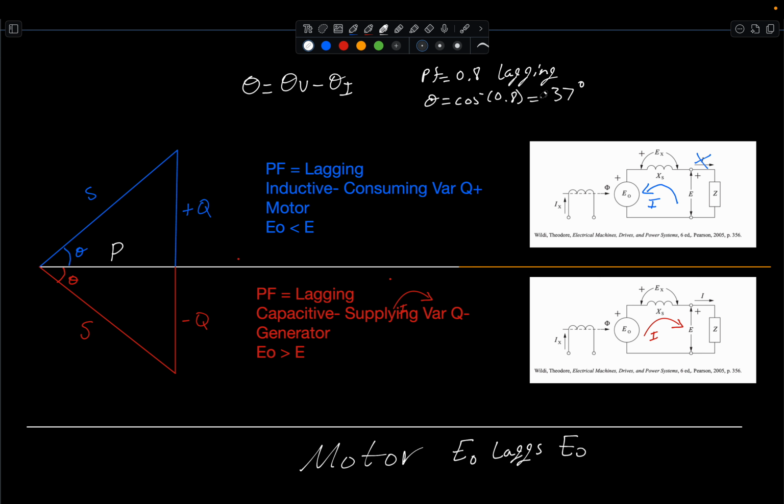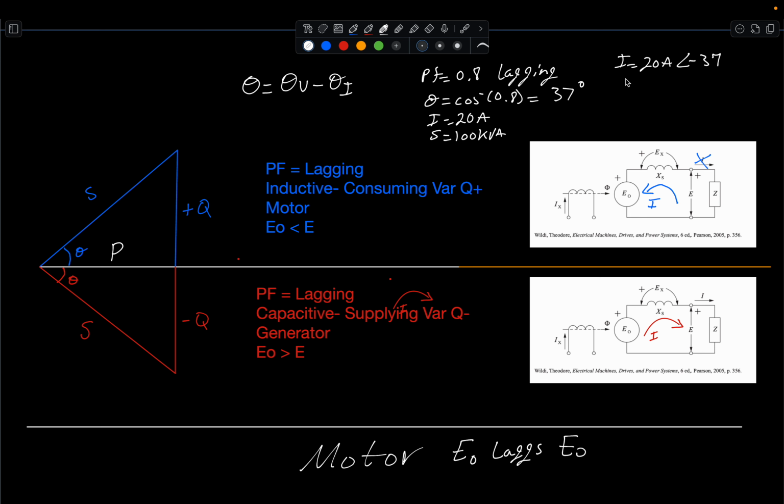Because it's lagging, I know that for the given current, so let's say our current is 20 amps, because the power factor is lagging, my actual complex current is 20 amps at negative 37. But what does that mean for my S? Let's say S somehow was solved, and let's say it's 100 kVA.